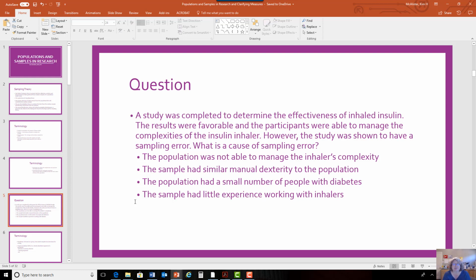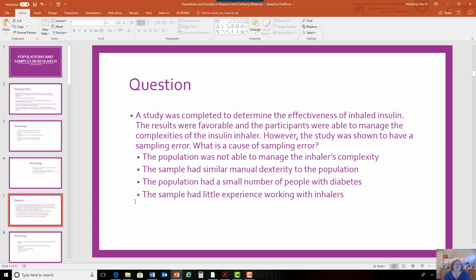And it ended up that people that were trying to use this didn't have the manual dexterity to make it work, and they couldn't handle the complexity. There were a long list of steps that you had to do. And so the sample had a similar manual dexterity to the population, but the population that the study was drawn from had a small number of people with diabetes in the study.